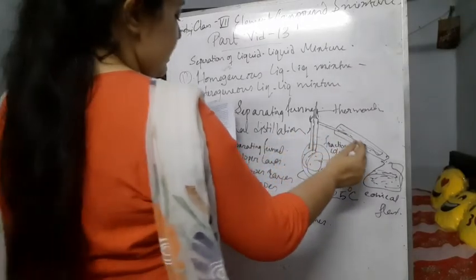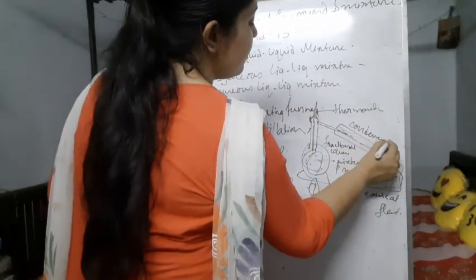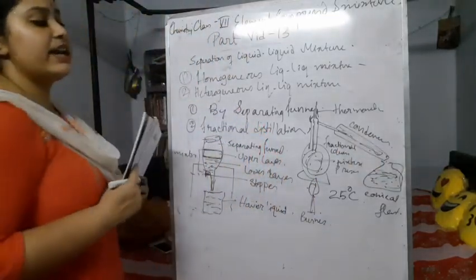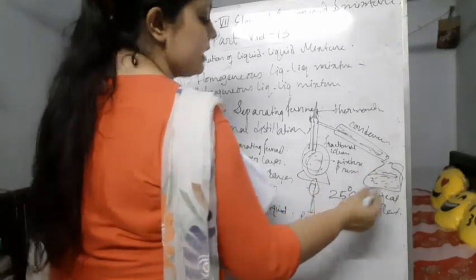This part is the condenser, where the alcohol is condensed and we can collect it in this conical flask.